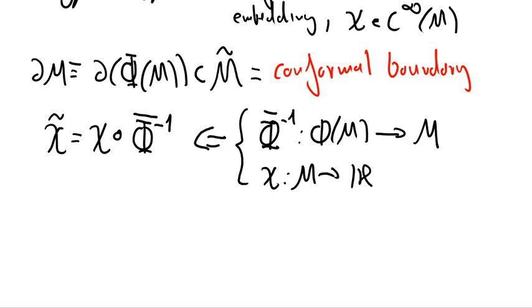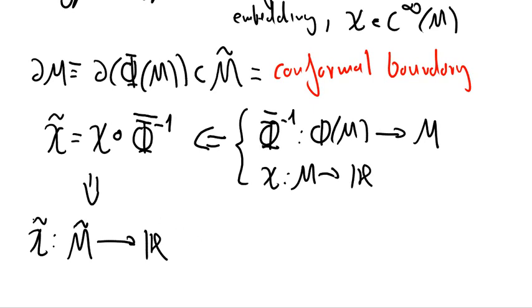If we perform the composition, we end up with a new map, chi tilde, which goes from M tilde to R.